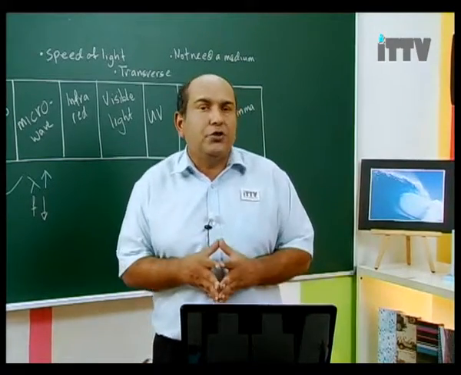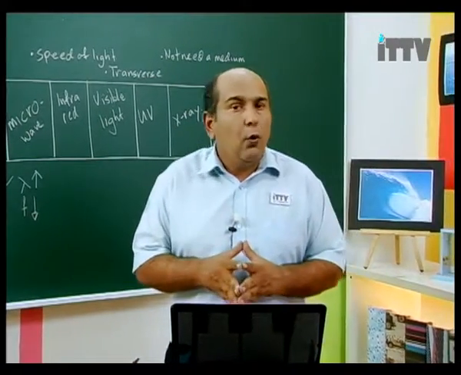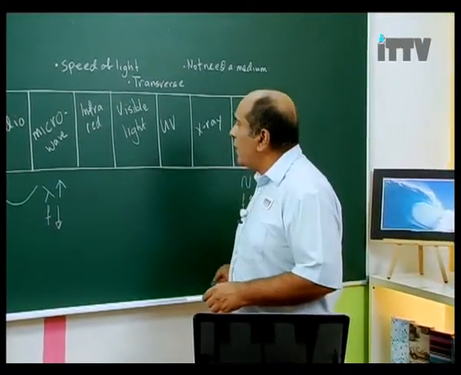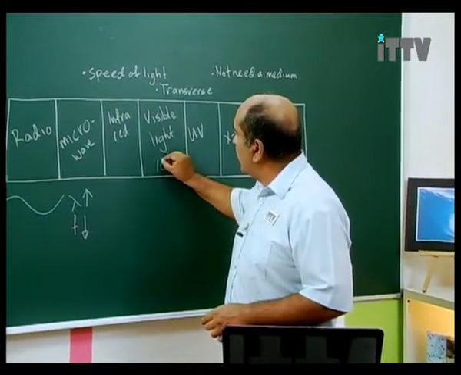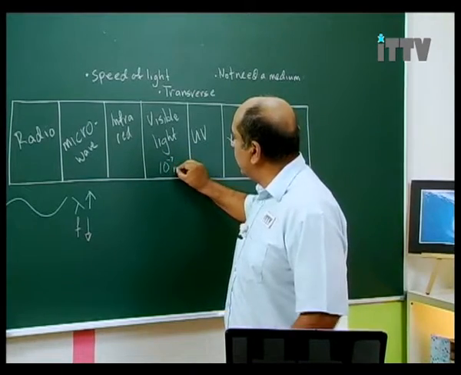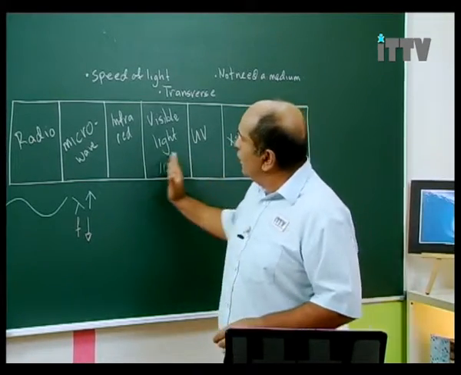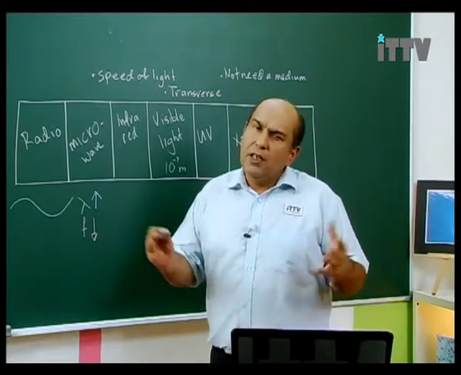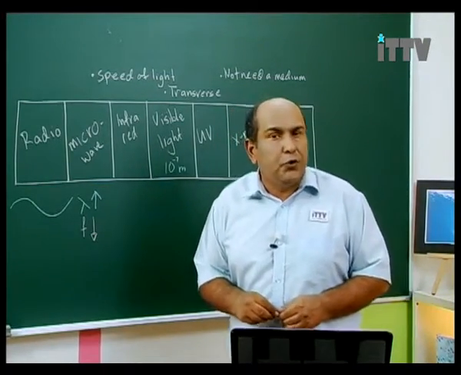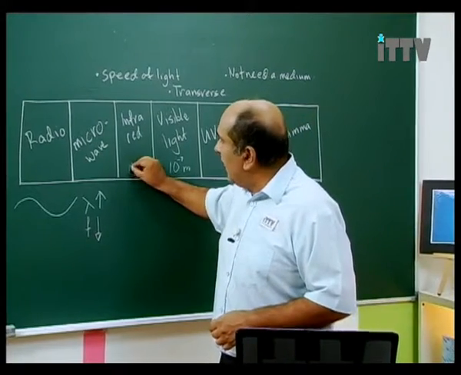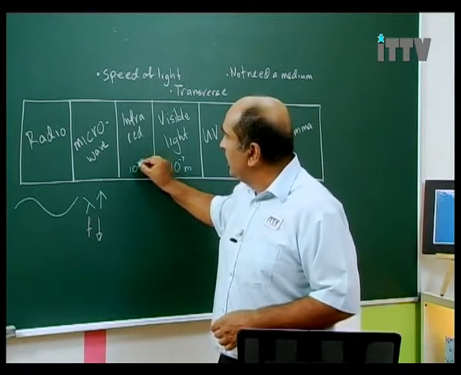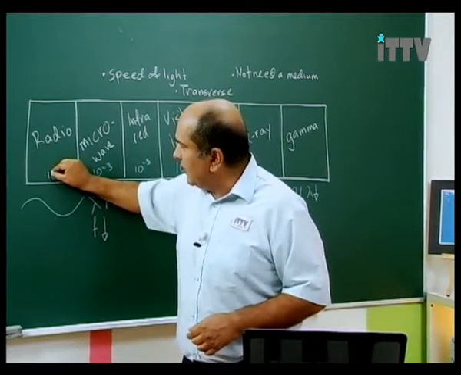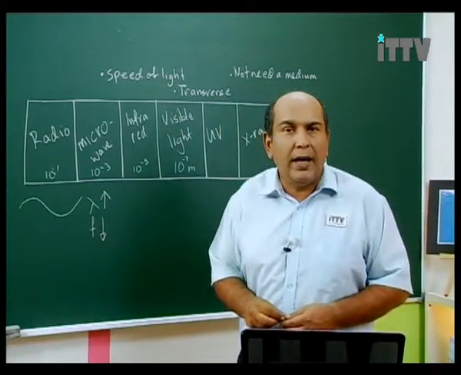Now we also need to roughly know their wavelengths. The wavelength of visible light is approximately 10 to the minus 7 meters. As we move towards the left-hand side, our wavelengths increase roughly by a factor of 100 each time. So this is about 10 to the minus 5, roughly 10 to the minus 3, and over here roughly 10 to the minus 1.